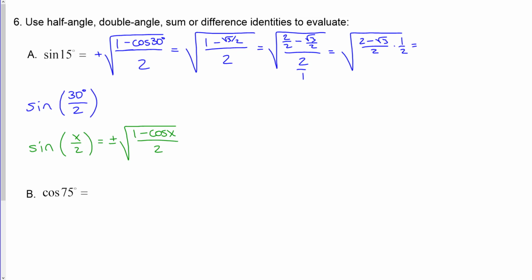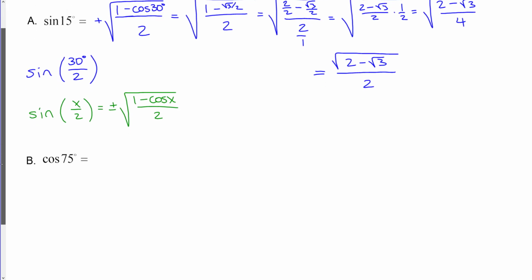So this is going to be 2 minus the square root of 3 over 4, which I can take the square root of the denominator. So 2 minus root 3 divided by 2. And there we have the sine of 15 degrees.